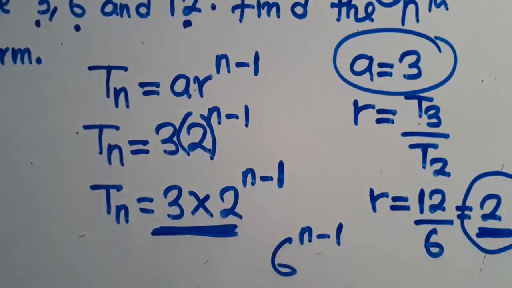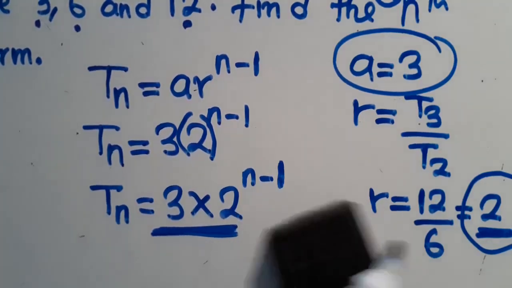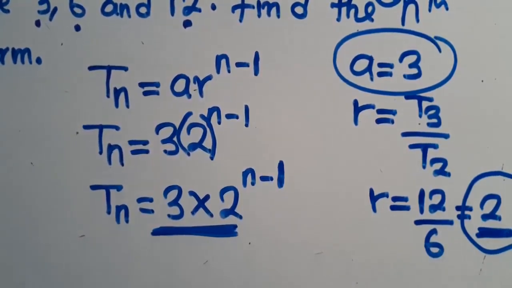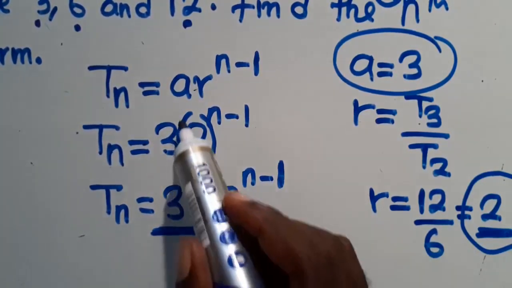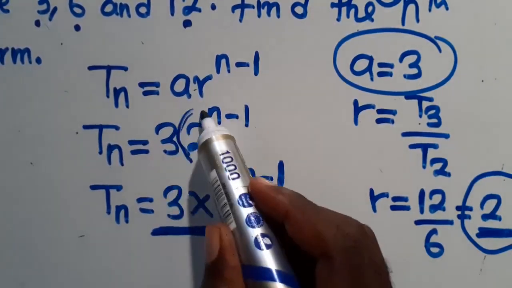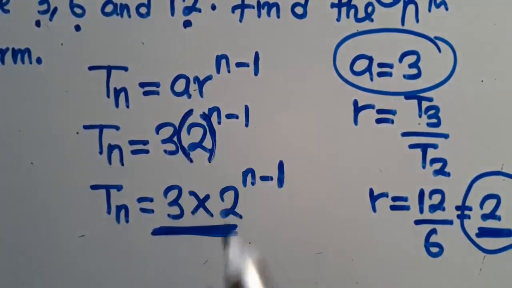There is a power there, so you can't multiply here. The 2 is in brackets. This is what you need to know and understand. I believe this is very simple, and you are able to follow through. So now we move to the other question.